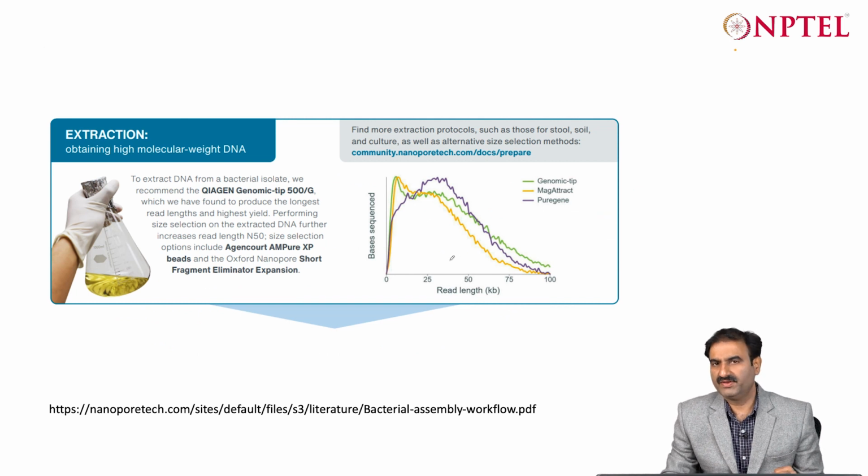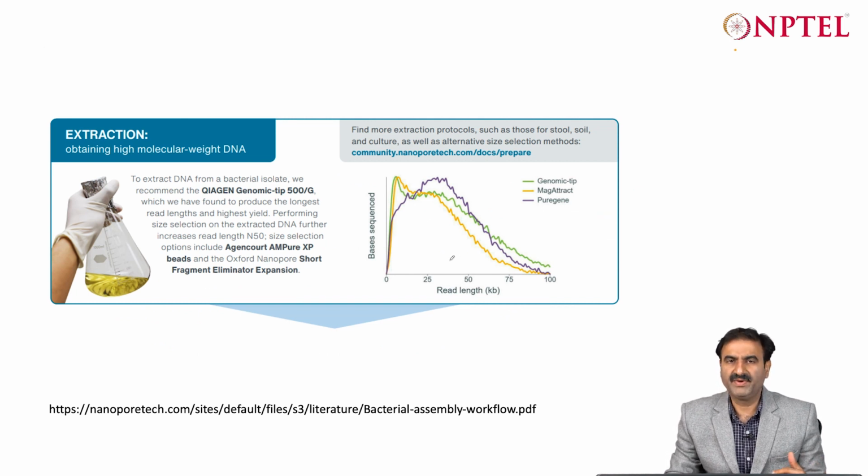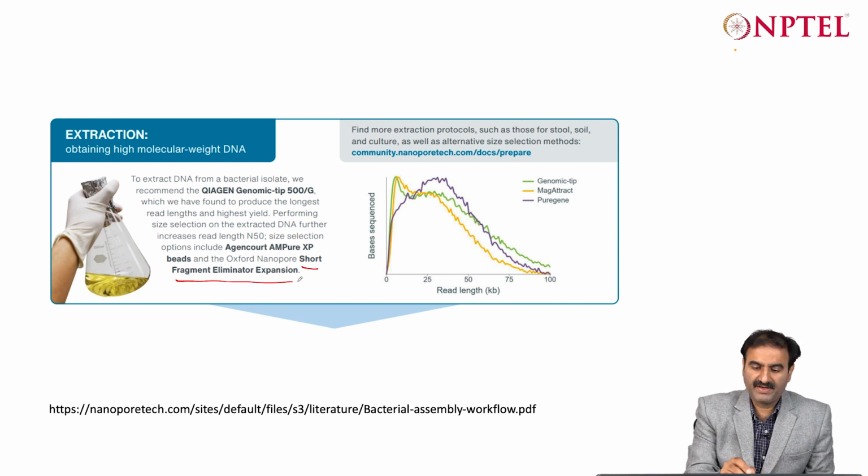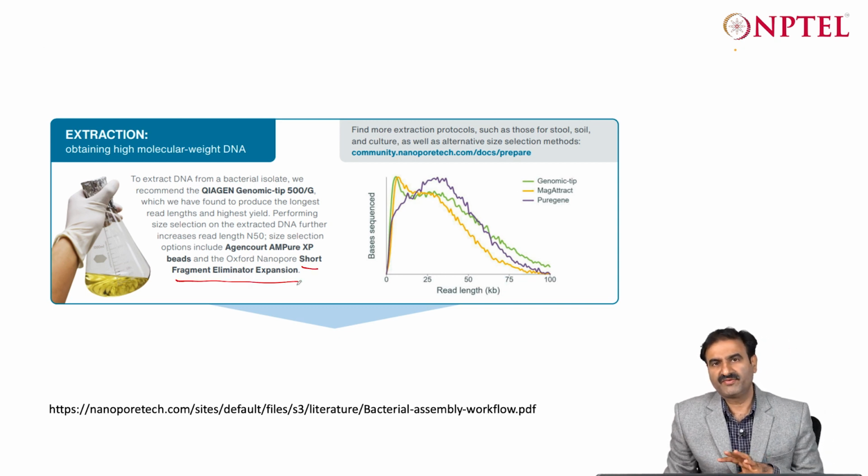So first of all, the DNA will be extracted, and the company suggests a number of things, such as the QIAGEN Genomic-tip for high molecular weight DNA, then purification by AMPure beads, and you should also use a short fragment eliminator kit, so that shorter fragments are gone and what you are left with for sequencing are the longer fragments.